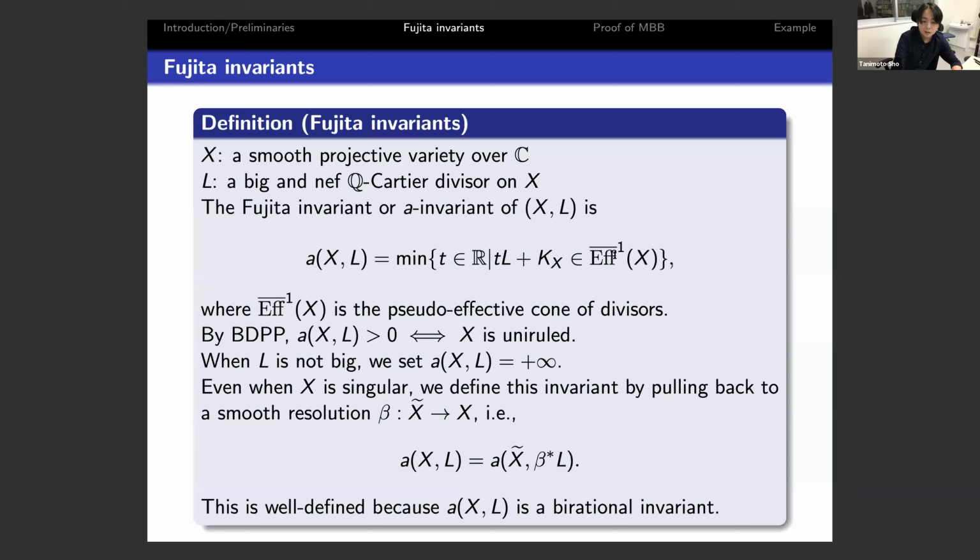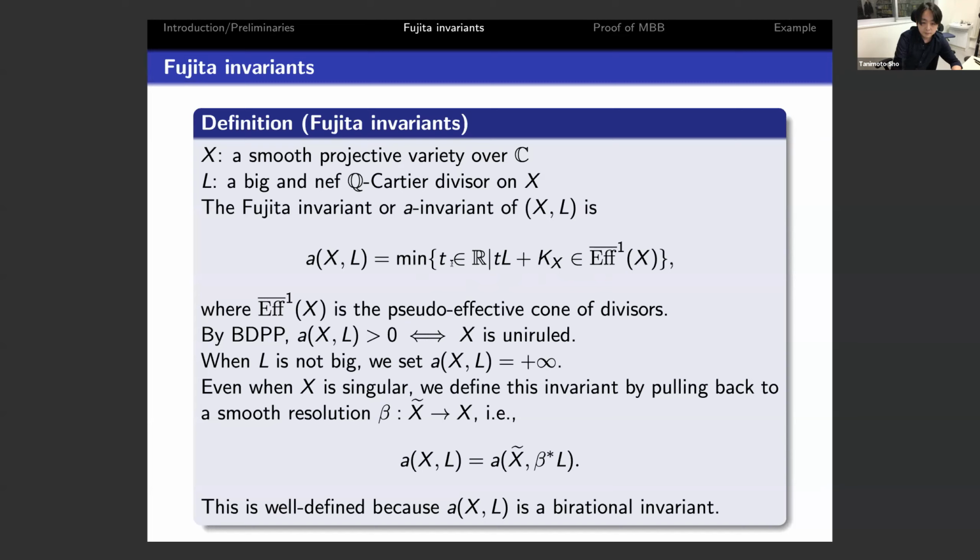pseudo-effective, where this is the pseudo-effective cone of divisors. If you don't know about pseudo-effectivity, just think of this as effective, and then you replace minimum by infimum. We know many things about this number.